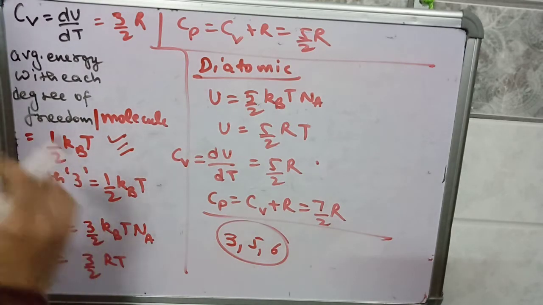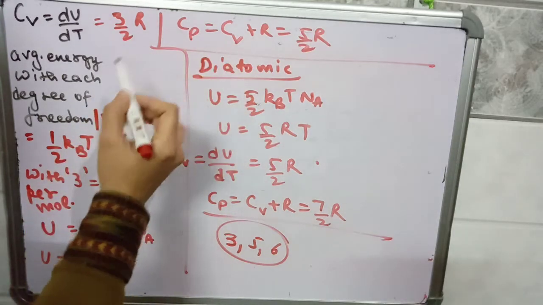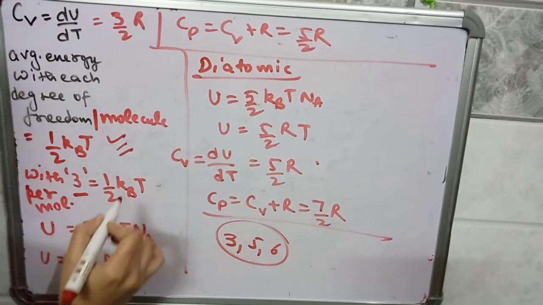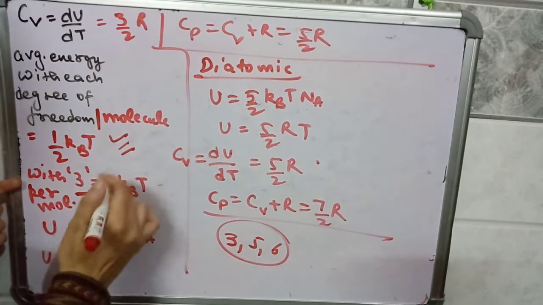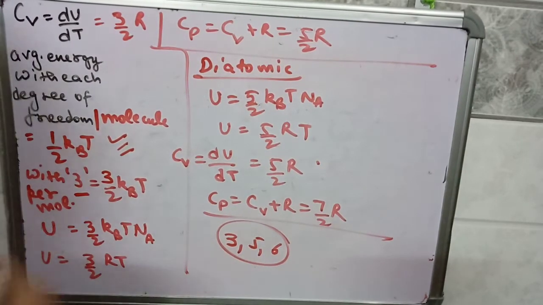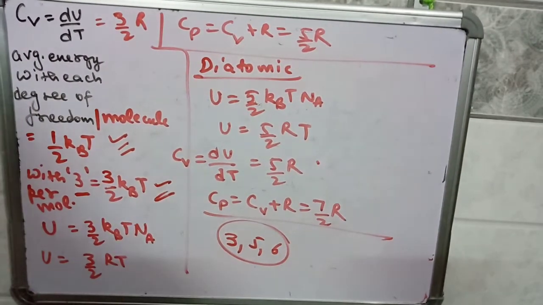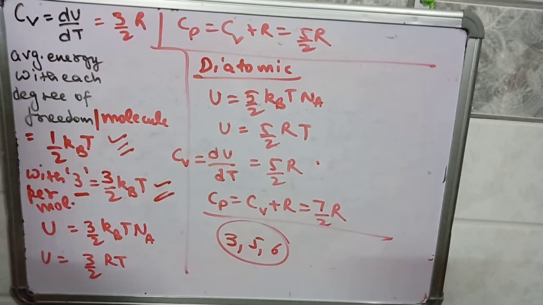Now for monatomic gas, there are 3 degrees of freedom. So for 3 degrees of freedom, average energy per molecule will be 3 by 2 kBT.